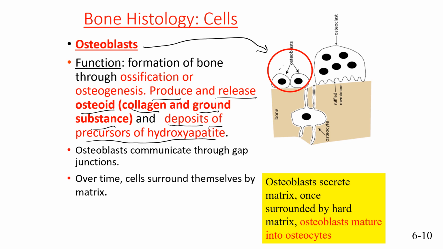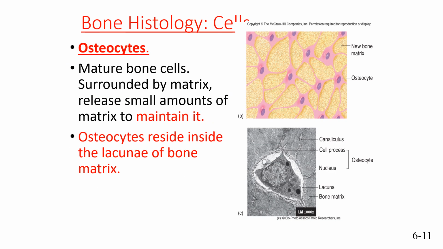So these cells will secrete matrix and start to surround themselves with the osteoid, which will be calcified until it becomes bone tissue. When an osteoblast is completely surrounded by bone tissue, it changes into a mature bone cell called an osteocyte. The mature bone cell is called an osteocyte, and it is found embedded in the matrix of the bone tissue.